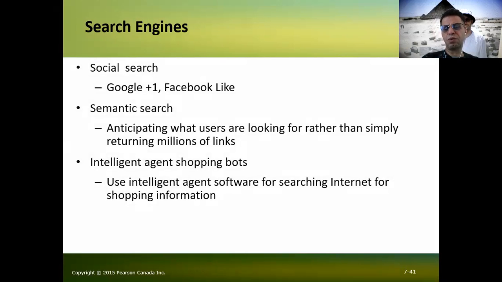Search engines like Google, Google+, Facebook, Twitter, they're all search engines. And what we now call a semantic search engine is where you can store your data on the website, anticipating what the users are looking for, rather than simply returning millions of links.